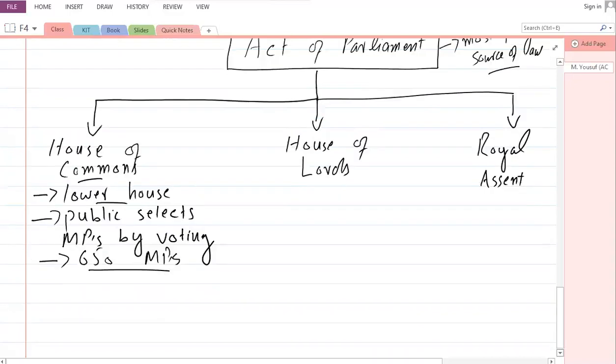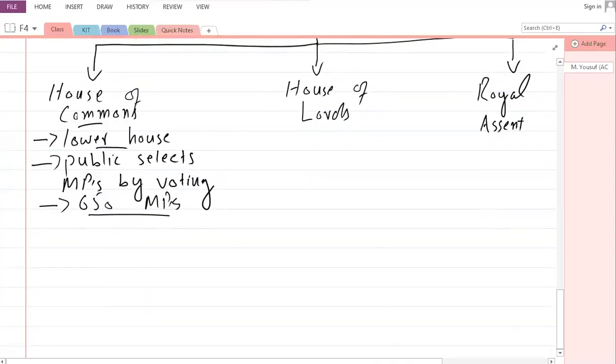If a person wants to present a bill, and wants this bill to be converted into rules and regulations, that bill must be passed by House of Commons. So how will this happen? There are certain stages for that.